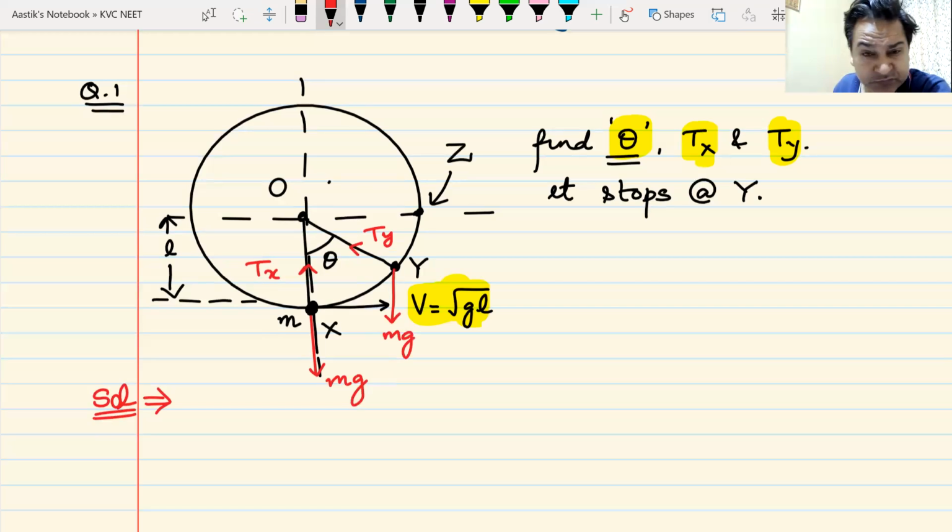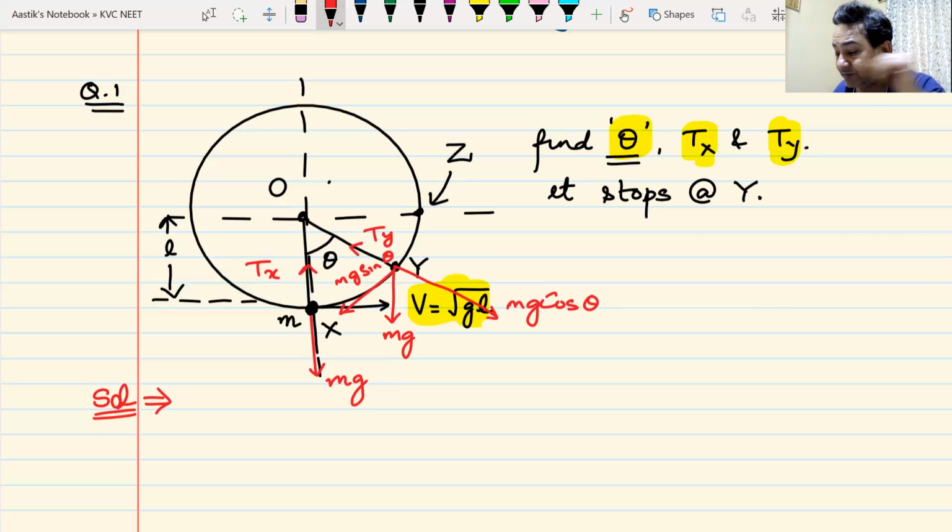We can resolve mg into components. This component is mg cos theta. Remember this. And this component becomes mg sin theta.